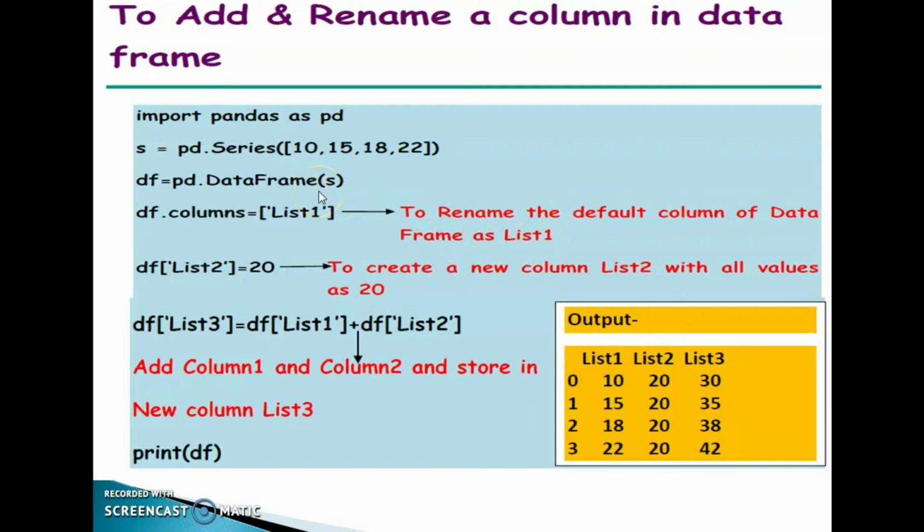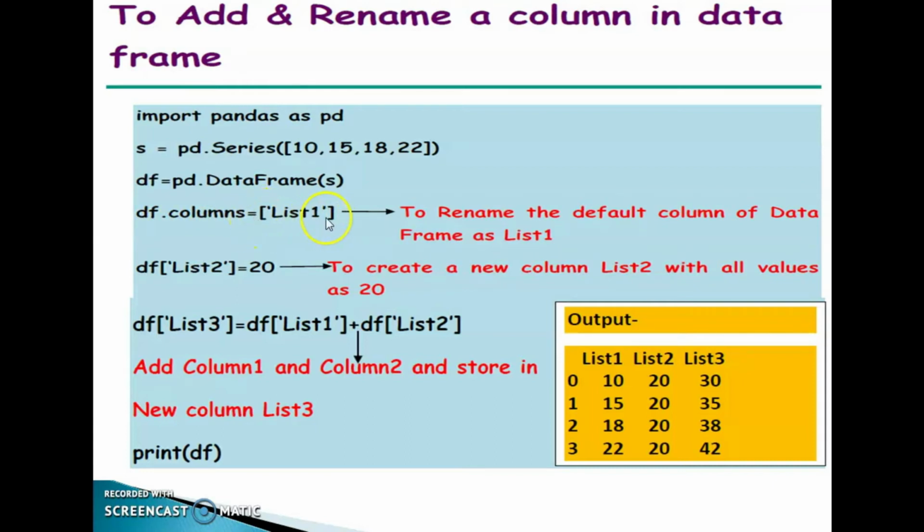Here we didn't specify any column names. We can rename the default column name of the data frame as list 1 by using this syntax: df, the data frame object, dot columns equal to list 1.